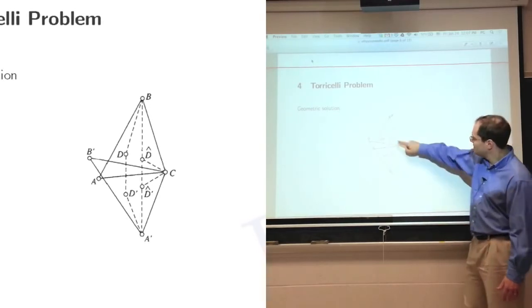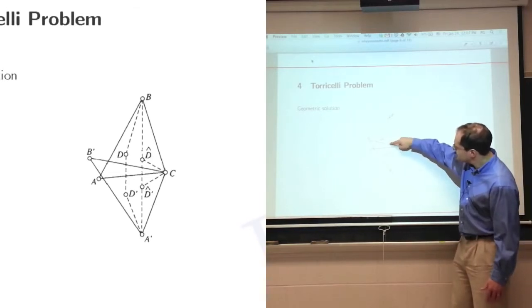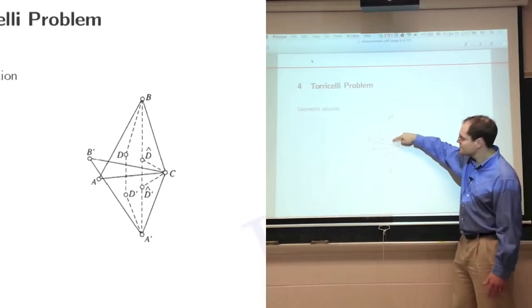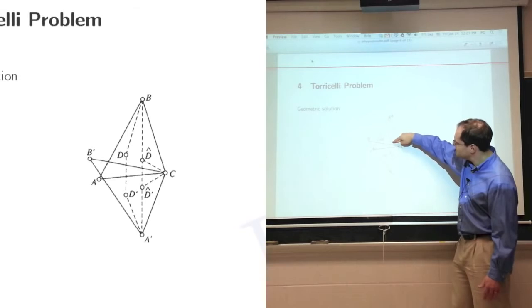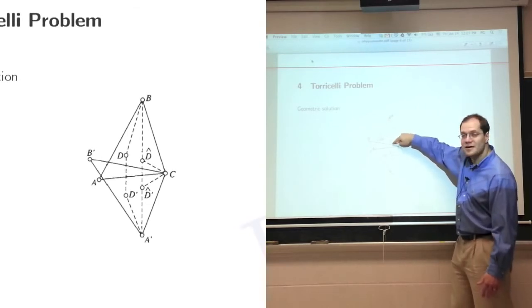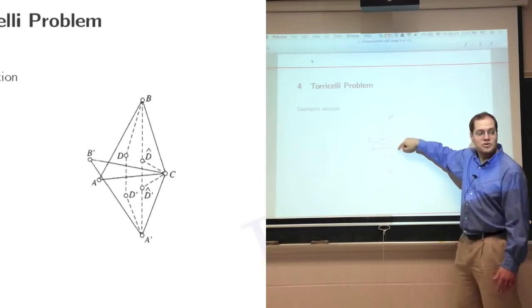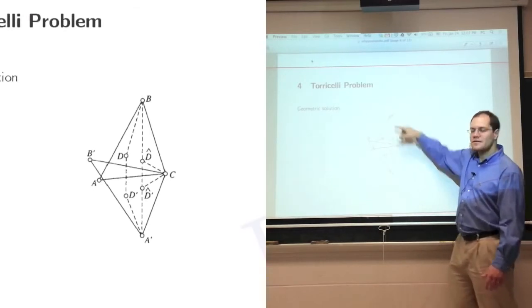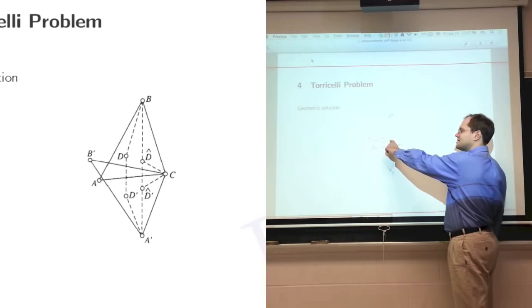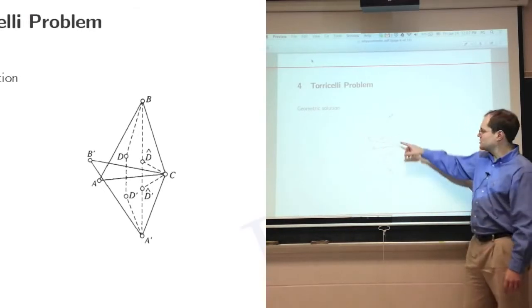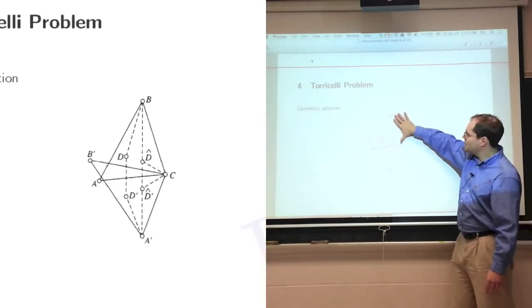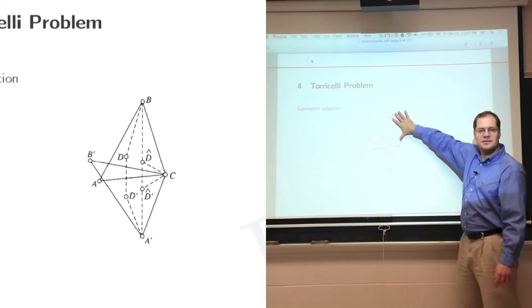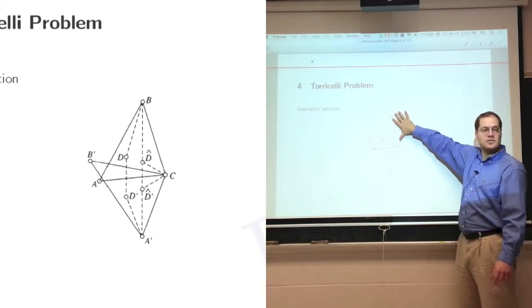And if you think about it, in this point, this angle is 60 degrees, and this angle is 120 degrees. So you will find that all of these angles are 120 degrees. So the angle at which you see this side is always 120 degrees.